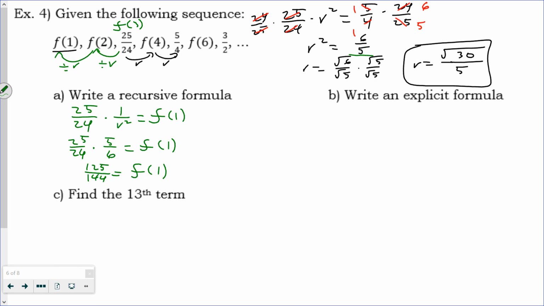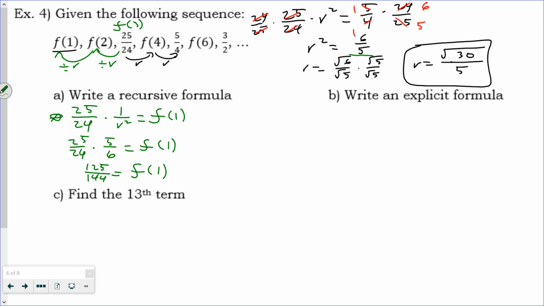Everyone with me? Are we good? Do you get how we set this part up? So I have 25 over 24, and I want to know what f of 1 is. Because remember, for a recursive formula, you need to know where you start. So to go from f of 3 to f of 2, what do you do? Divide by r.